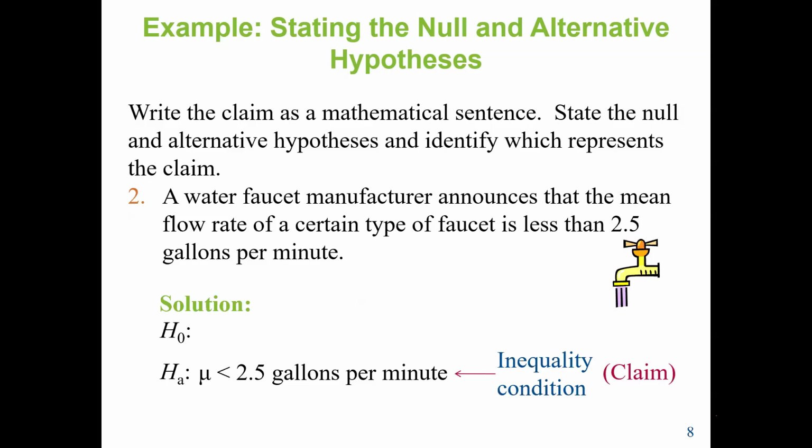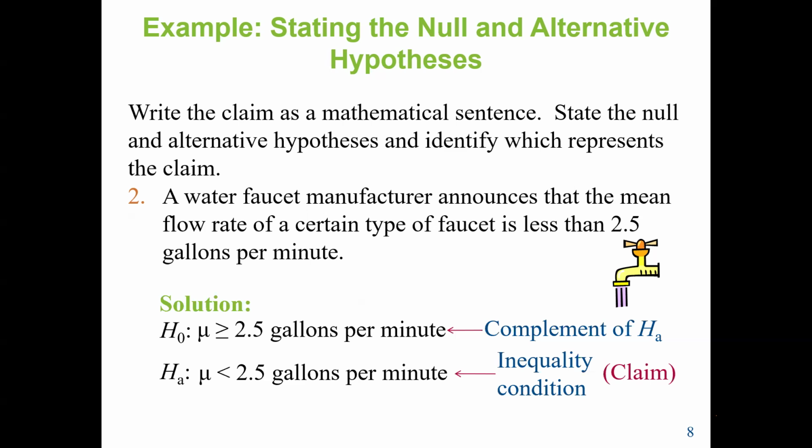So it will be greater than or equal. So here we say H0, or H naught, the mu is greater than or equal to 2.5 gallons per minute. That's the complement of HA.